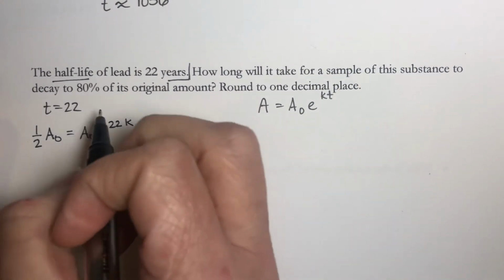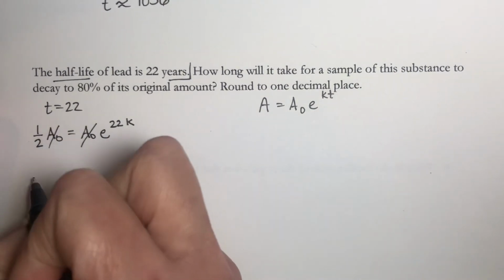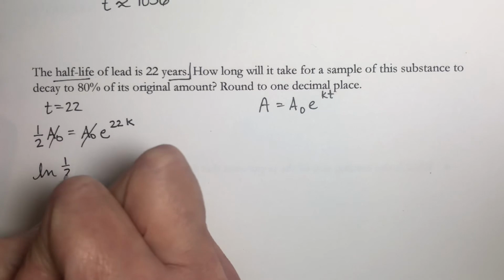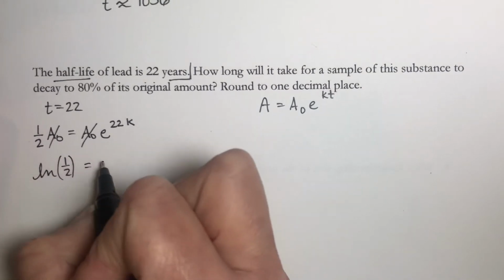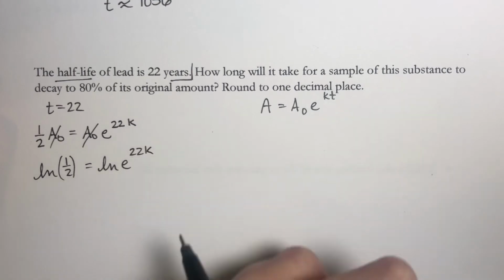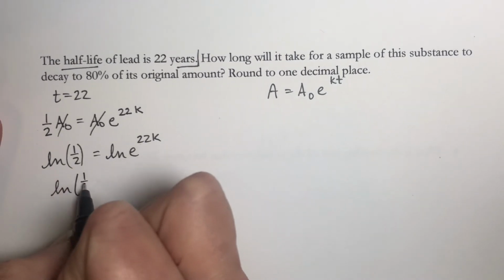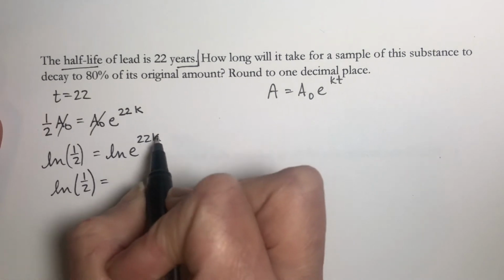Now our A naughts cancel out, and we can take the natural log of both sides. Natural log of 1/2 is equal to natural log of e to the 22k. So this is natural log of 1/2 equal to 22k.